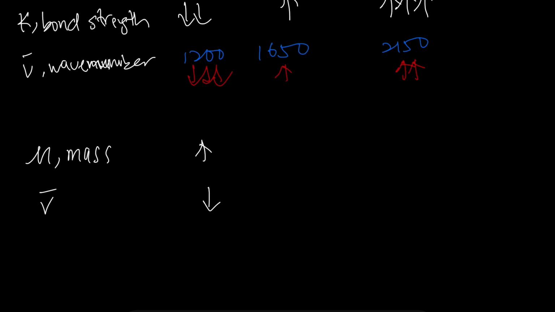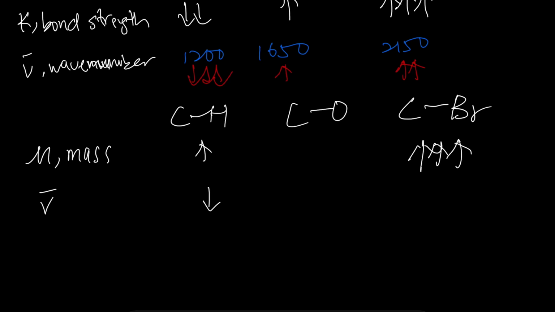Let's look at some examples. If we now compare C-H, C-O, and C-Br, bromine, you know that bromine is the heaviest, followed by oxygen, and hydrogen has the lowest mass.